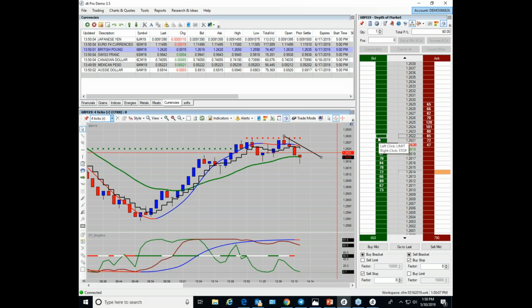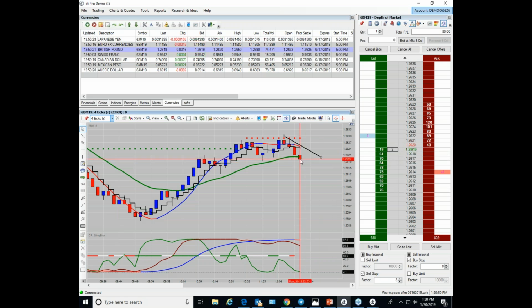So what Michael would do is right click in the green at 126.22. At 126.22, Michael would be getting long. He's being proactive. He's getting in on a stop which is above the current market price.